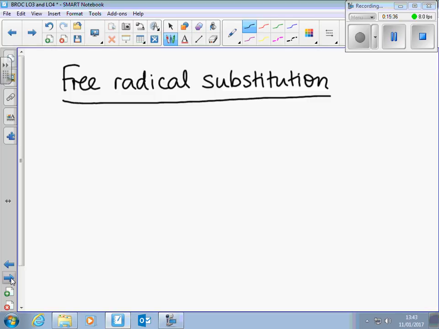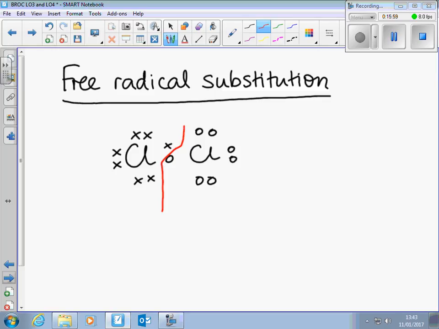So just a recap, although we're going to come across it over and over again: if we've got a pair of chlorine atoms bonded together covalently, using the Lewis structure, the bond breaks such that each of the chlorines gets one of the electrons out of the bond. So this then becomes a free radical, and we write it like that.